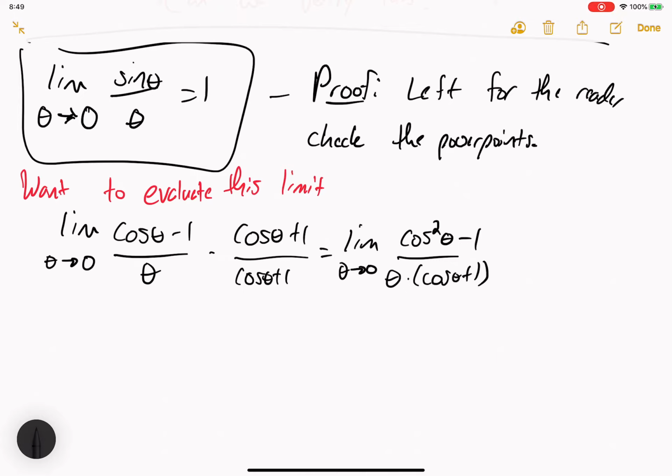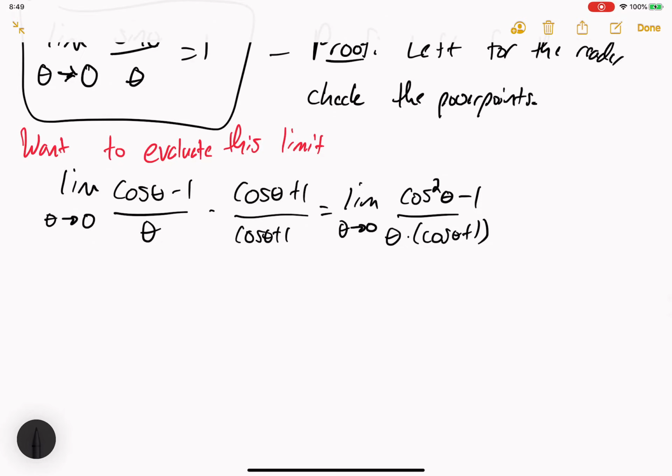This is where we have to use the trig identities. The first one is the fact that cosine squared of theta plus sine squared of theta is equal to 1. So the numerator is just negative sine squared of theta, based off that identity.